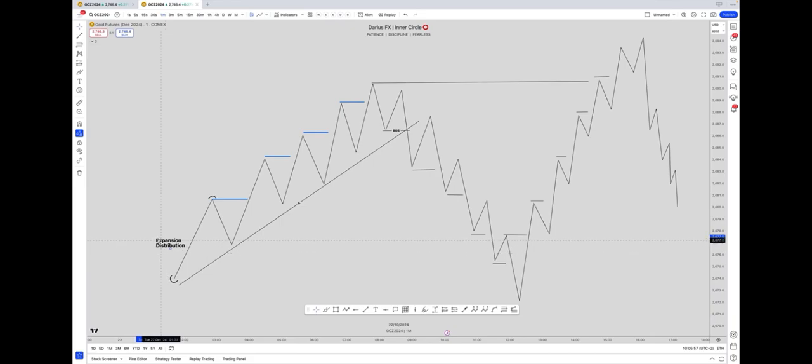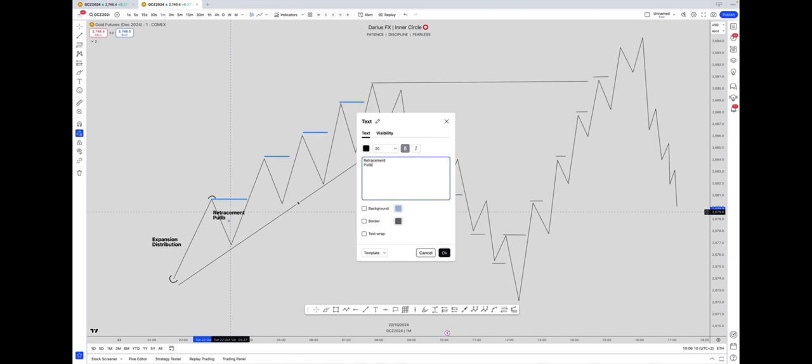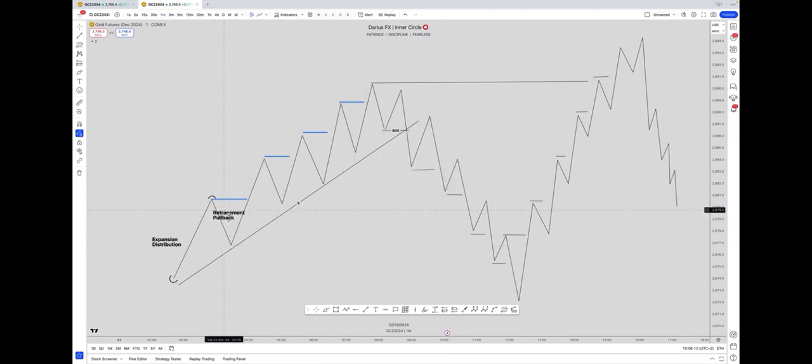Expansion, distribution. This movement to the downside is called a retracement, right? Retracement, or you can also call it pullback. Followed by an expansion, distribution, followed by retracement, pullback. Expansion, distribution, retracement, pullback. Okay?